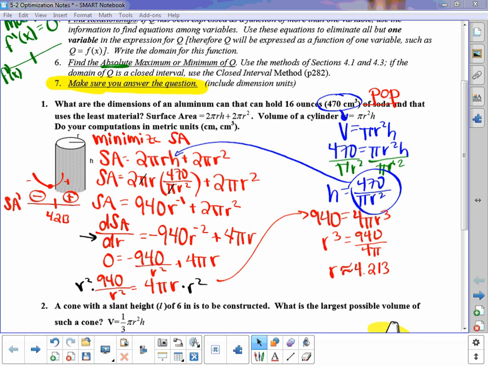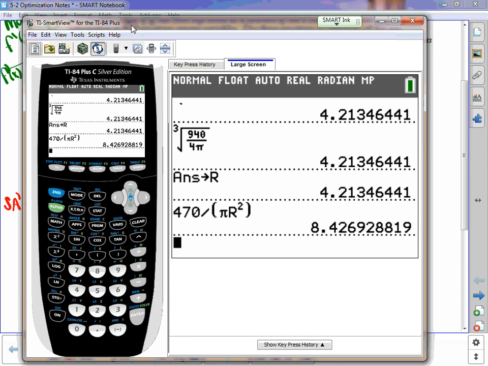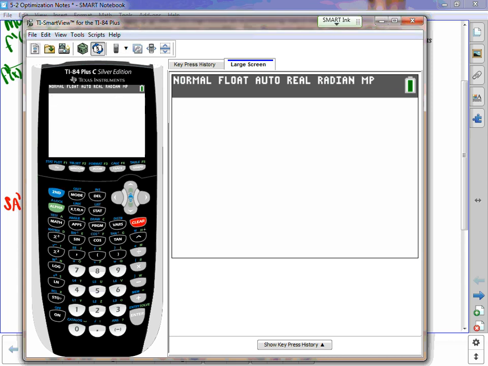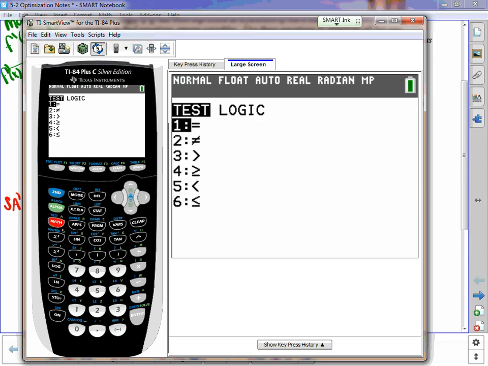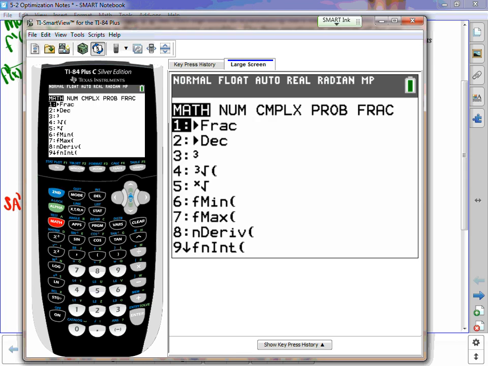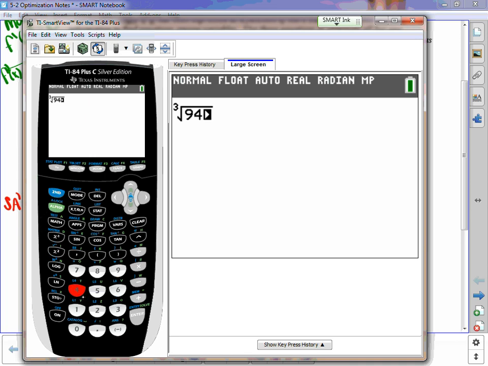which means we should definitely use our store button. So I'm just going to pull it over to remind us of that. So we had the cube root of 940 divided by 4 pi. Now here's a really important thing with this.